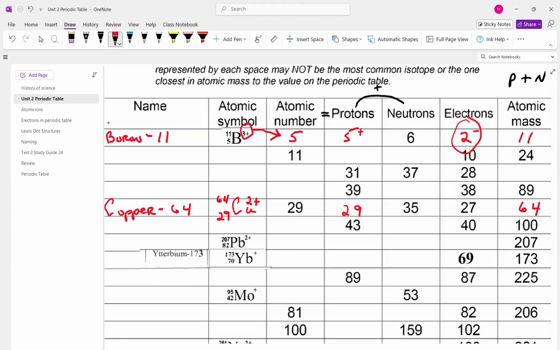Copper 64. There's no charge implied there. But we do know it's a metal, and metals always form plus charges. Because why? Because it's more stable. That's why they form positive charges.